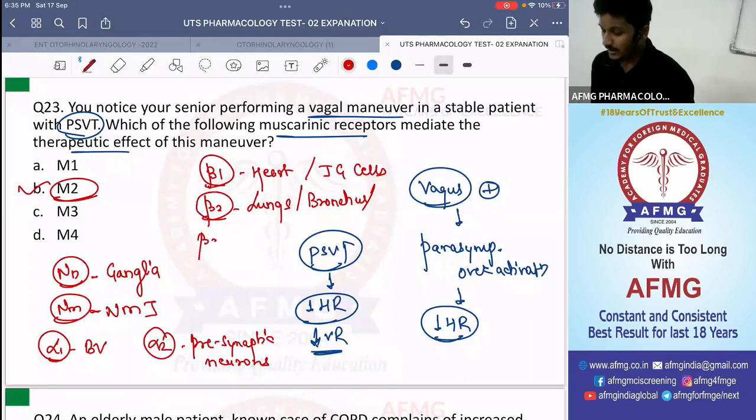And beta 3 receptors are present at the level of adipose tissue. Yes, go ahead.